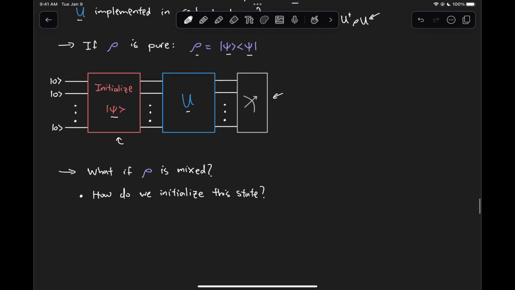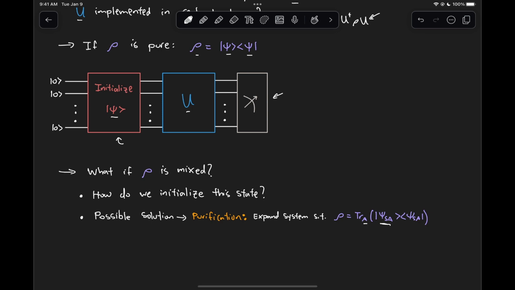One possible way to do this is by using purification, which we briefly talk about in another video. The idea is that if we expand our system to not only have the number of qubits associated with ρ, but add some additional qubits, then we can find some state psi sub SA for which, if we trace out the additional added system A, we get ρ.